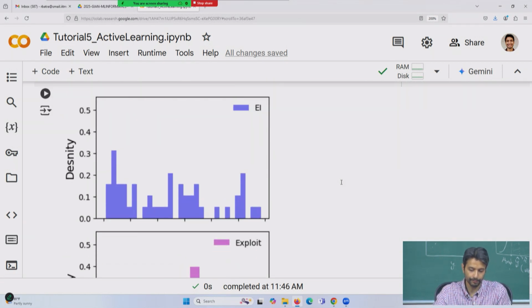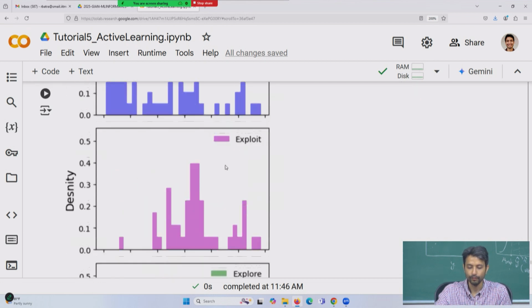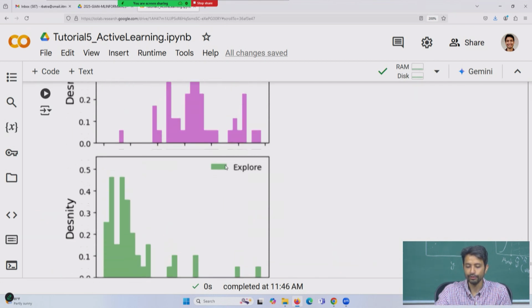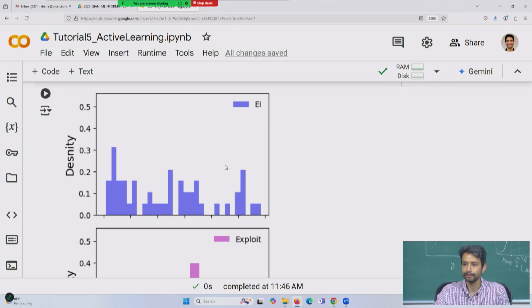Next, I have plotted a distribution plot for all 4 of them, and now let's try to understand it. So, this is how the results look. Now, you guys tell me which of these methods is better: expected improvement, exploitation, exploration, or random search.